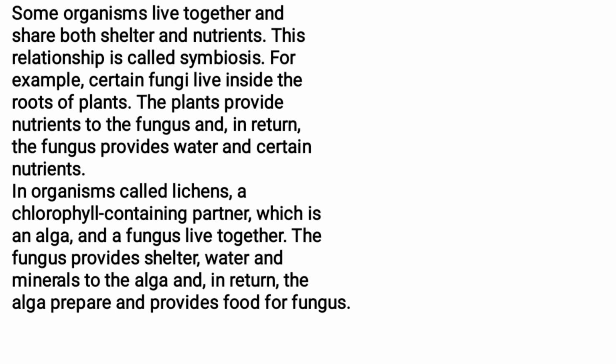In organisms called lichens, a chlorophyll containing partner, which is an alga, and a fungus live together. You can see some shell-like, greenish, patchy things. Those are an alga and a fungus living together, and they are called lichens.